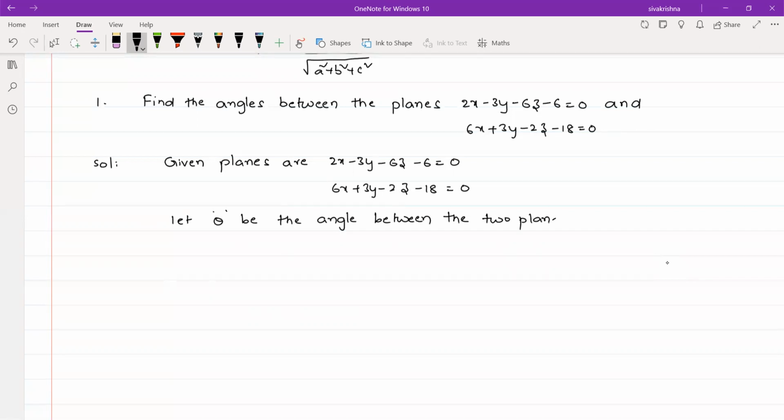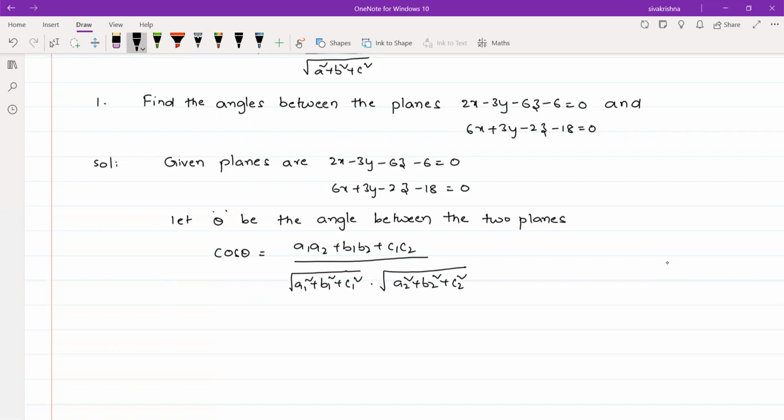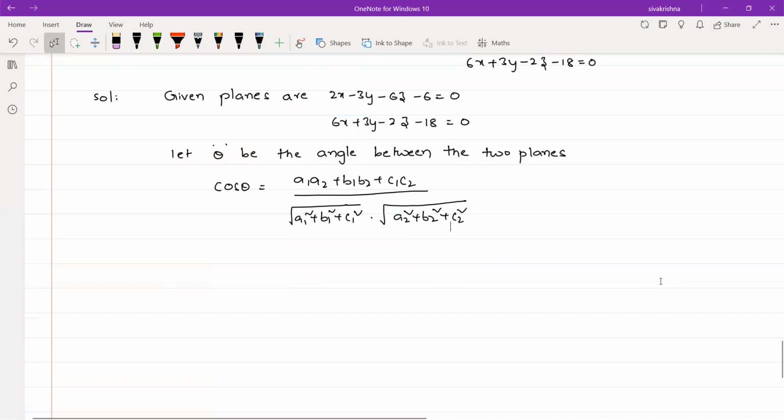Therefore, cos theta is equal to, the formula for finding the angle between two planes, a1 a2 plus b1 b2 plus c1 c2 by root of a1 square plus b1 square plus c1 square into root of a2 square plus b2 square plus c2 square. Here a1, a2, b1, b2 and c1, c2 are the coefficients of x, y, z in equations 1 and 2. So we treat this as 1 and this as 2.